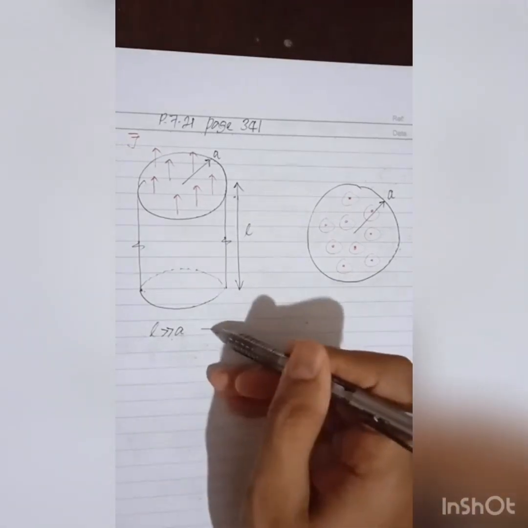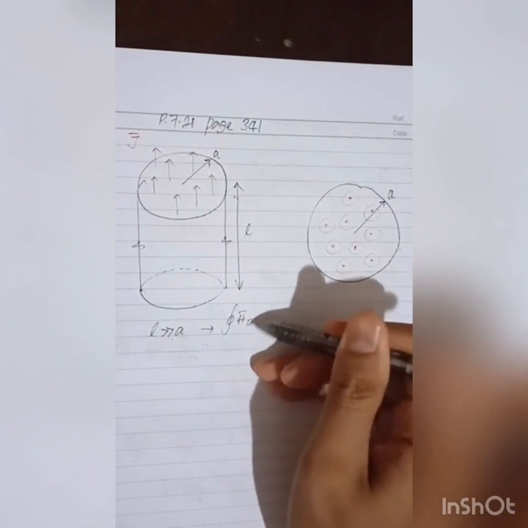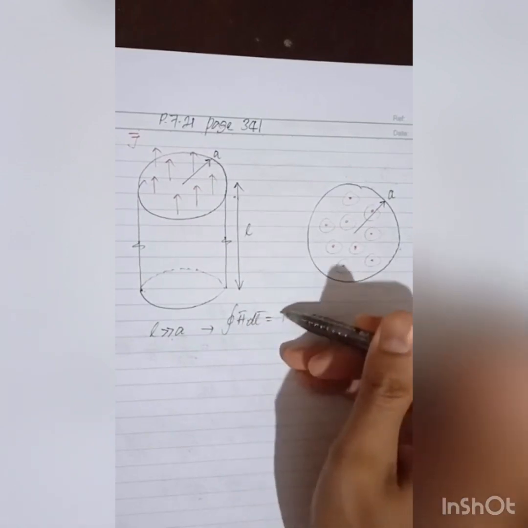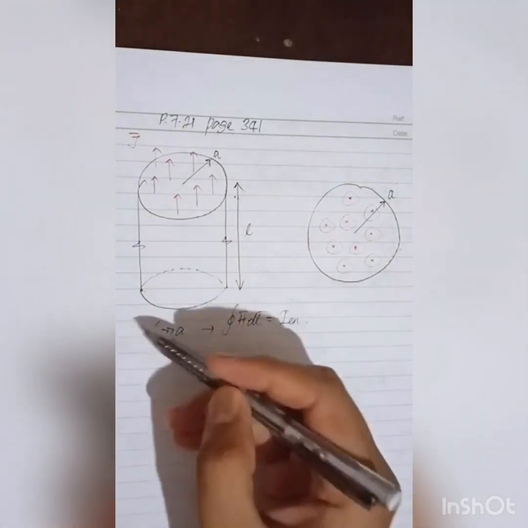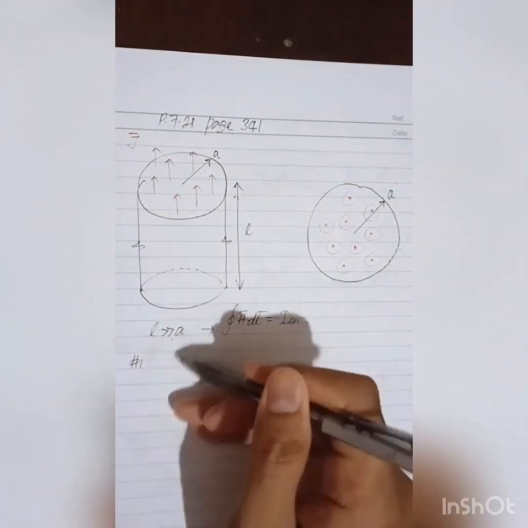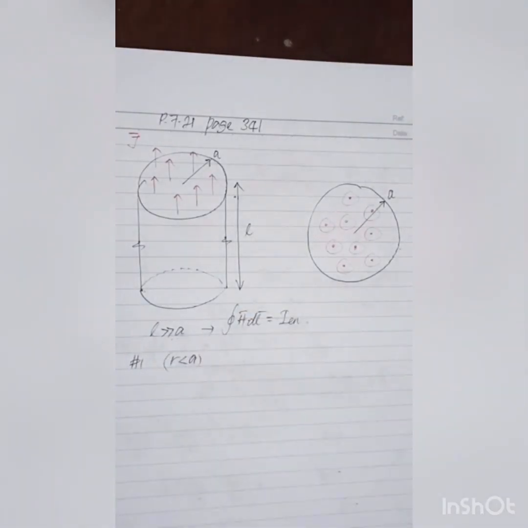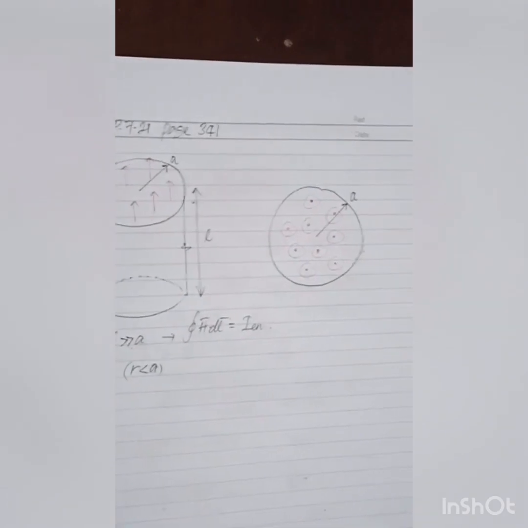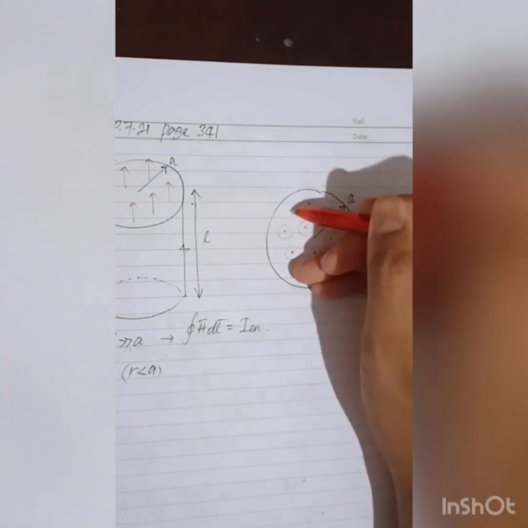Then we have to use the ACL, given as the closed integral of H dot dl equals I enclosed. Again, if I want to find the H field for the first region, which is r less than a, we need to draw our Ampere loop anywhere within the conductor. Let's say this is my point of interest.